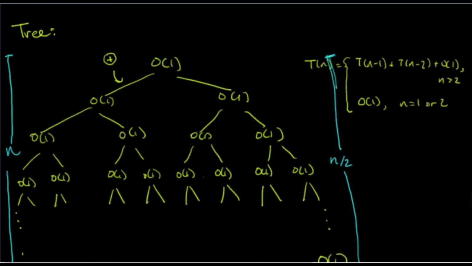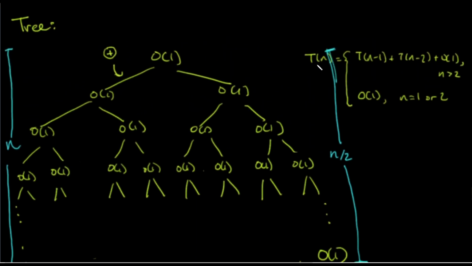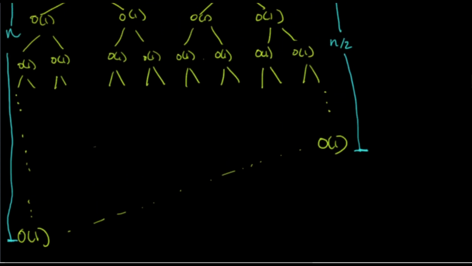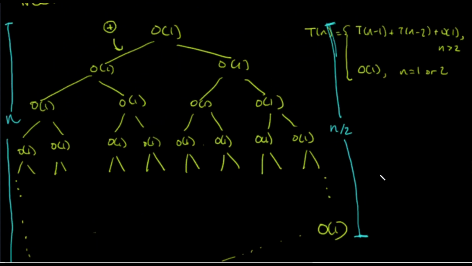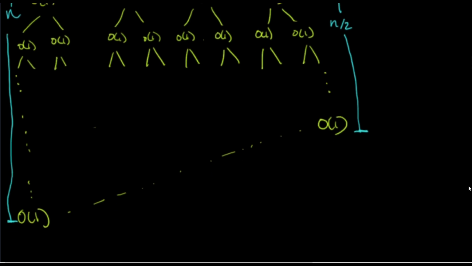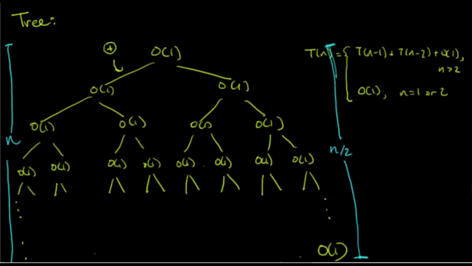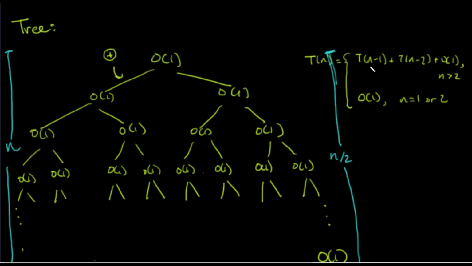And what we noticed in this video, just to recap, was that this tree ends at different places. The heights of this tree are different in the left extreme and in the right extreme, and that came from the fact that this recursive call is kind of lopsided, where we have an n minus 1 but also an n minus 2.